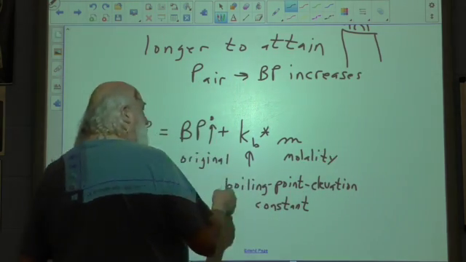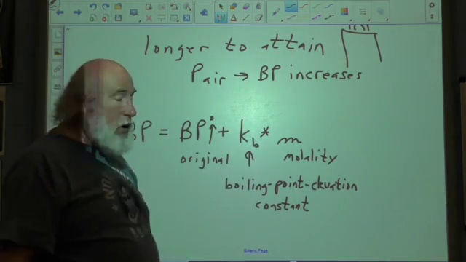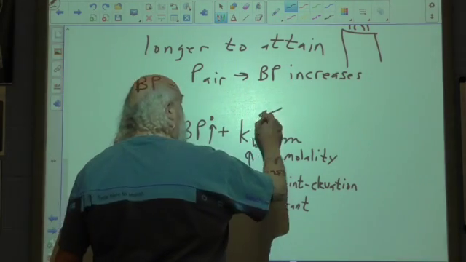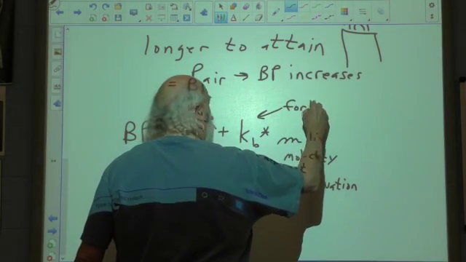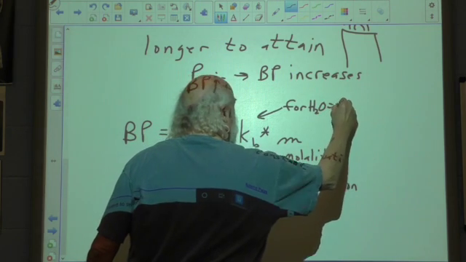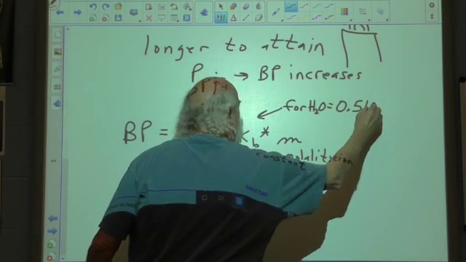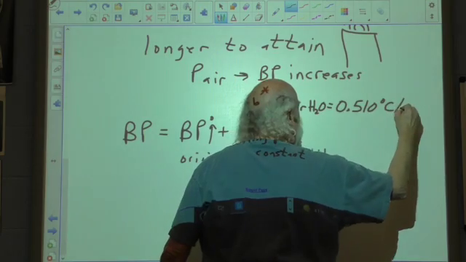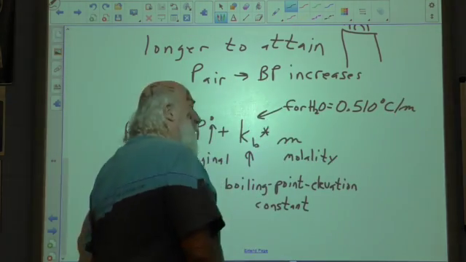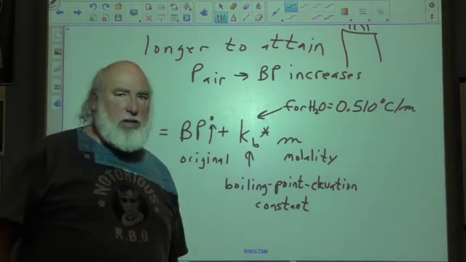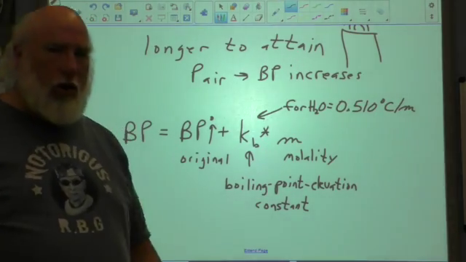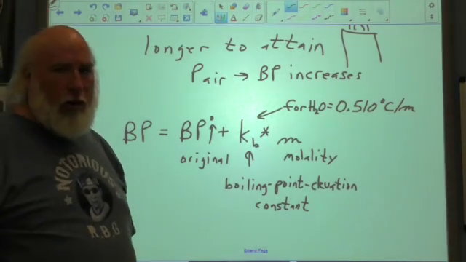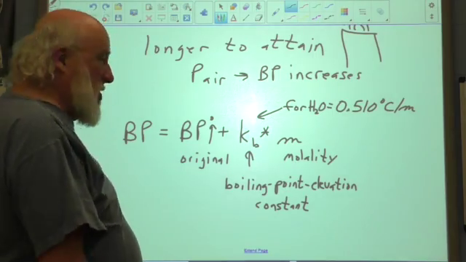Now, for every solvent, you have a different KB. For water, this is equal to 0.510 degrees Celsius per mole per kilogram. Yeah, again, it's a constant, so labels don't make sense for constants. It's kind of there as part of a graphing thing that they do, and that's what you come up with.